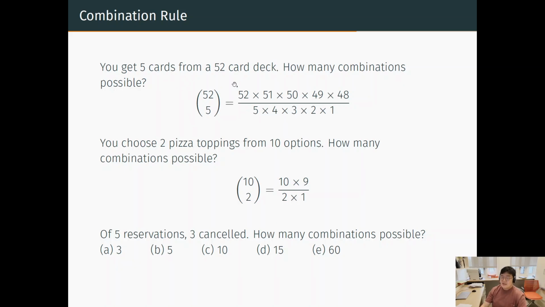Let me explain it a little more with examples. Suppose, like when you play cards, you get 5 cards out of a 52-card deck. How many combinations are possible? It is exactly 52 choose 5. You choose 5 different cards from 52 cards, then you calculate it this way.